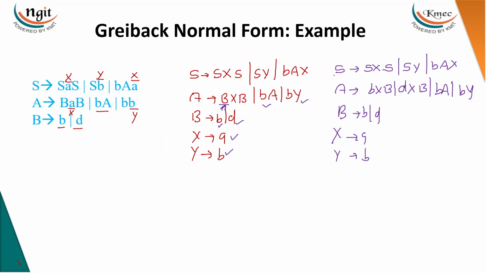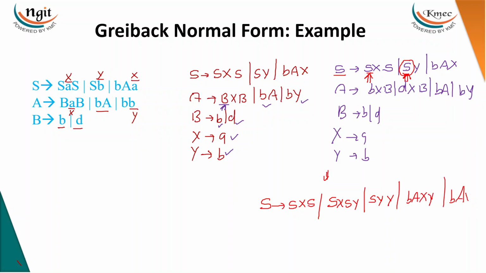Right, then what can we do in the next case? See, we are having here S as the first symbol. So first you'll go with this, replace this S with all of its productions. So S tends to SXS, in place of S substitute all the three productions. Then what will happen? SXSY, SYY, and again you substitute BAXY, and already we are having BAX earlier.